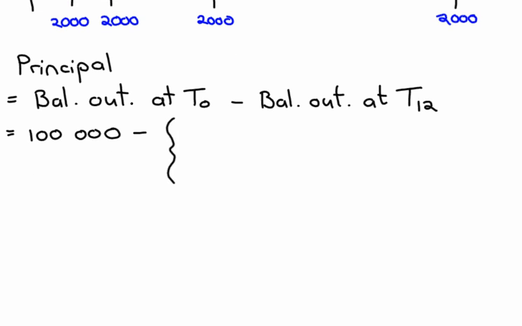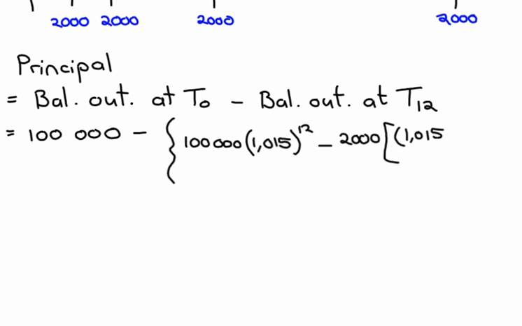So I've got 100,000 and all its interest, which is 1 plus 0,18 over 12, which I'm just going to shorthand 1,015 to save space, to the power of 12, and we minus all the payments according to the future value annuity formula. So that's 1,015 as well, to the power of 12 minus 1 over 0,015. Keep those in their squiggly brackets.